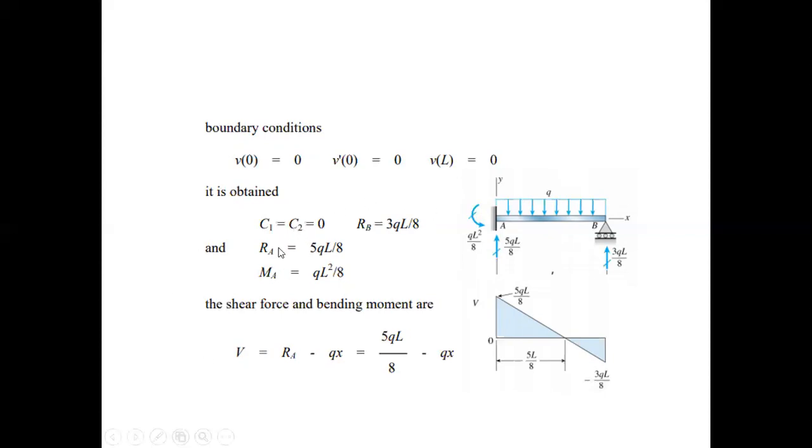Now, next we will calculate the shear force and bending moment about any section. V is the shear force at any section, that is simply RA minus QX. RA will be due to this, and QX will be due to this UDL. We have already calculated RA, so we'll substitute its value, and this will become 5QL upon 8 minus QX.